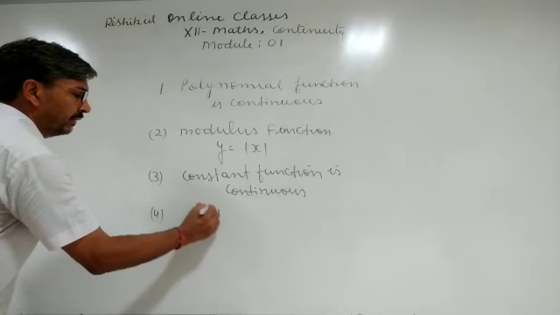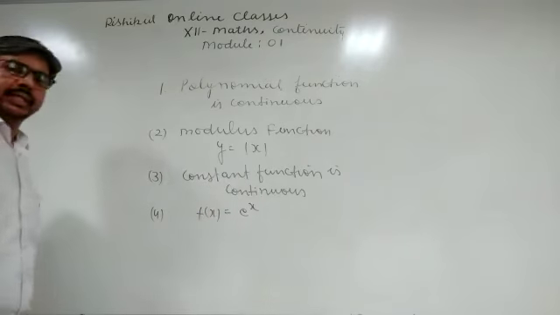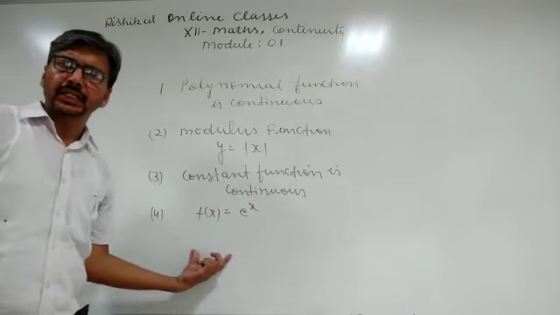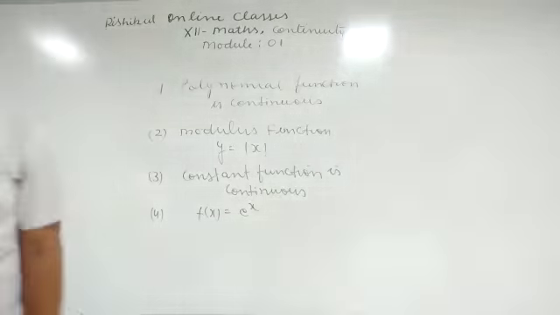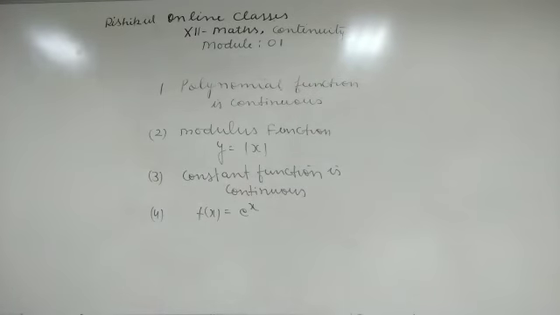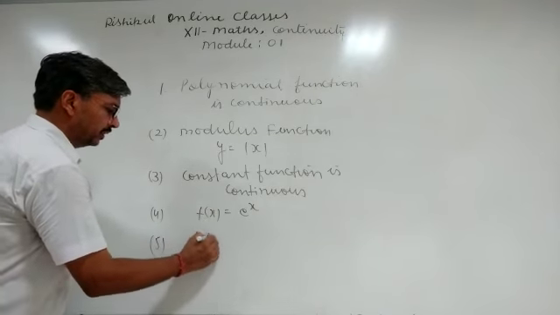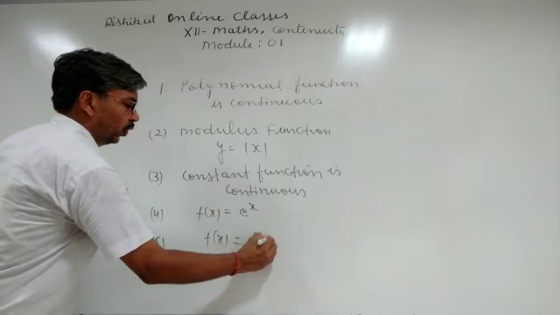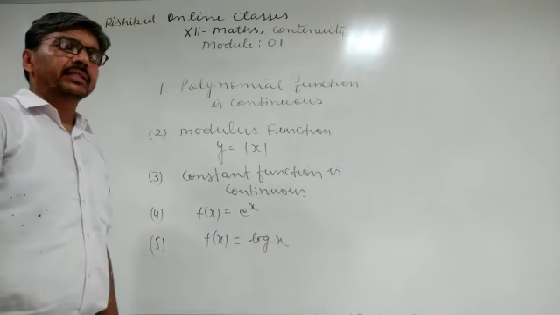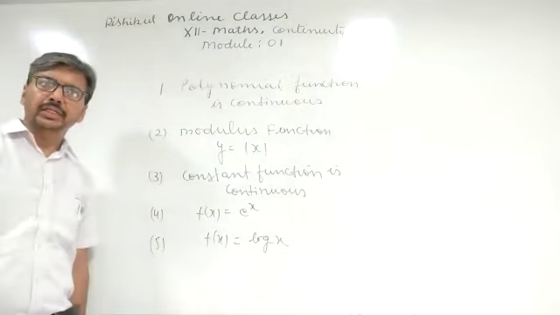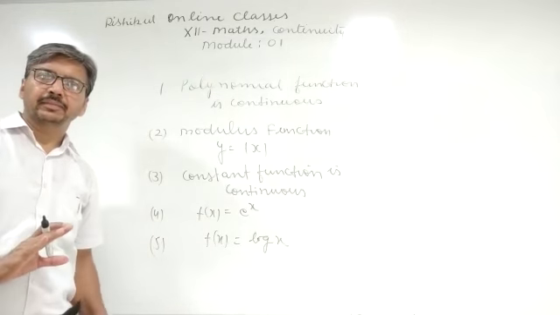If we have a function e to the power x, this function is continuous everywhere. Okay. So the fifth is f(x) is log x, for x greater than 0, it is continuous.